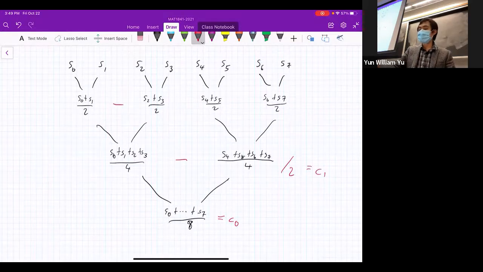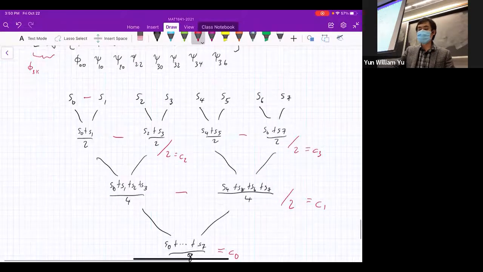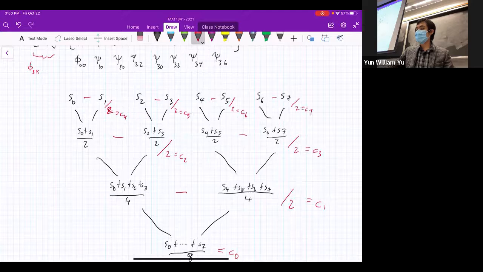If you take this subtraction and divide that by 2, that's going to be equal to C2. This subtraction divided by 2 is going to be equal to C3, and so on. This divided by 2 is equal to C4. This subtraction divided by 2 is equal to C5. This one divided by 2 is equal to C6. And this subtraction divided by 2 is equal to C7.